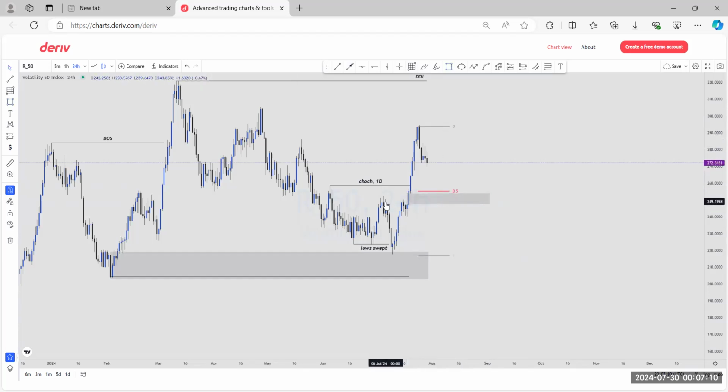And we have this breaker block in line with that, which I'm going to delete anyway, so I want to keep the chart clean. So price may be reversing into this zone before. And right below that zone, we have these two down close candles as our order block.